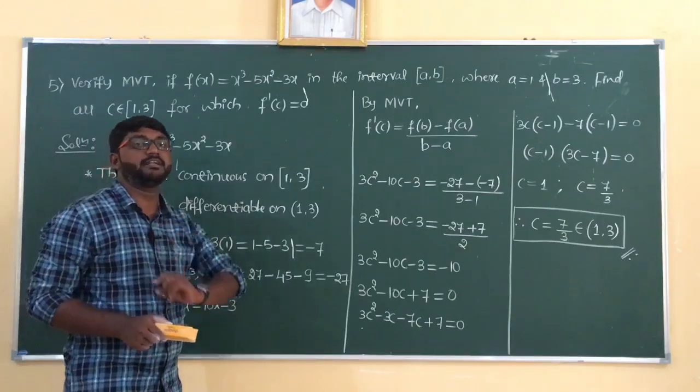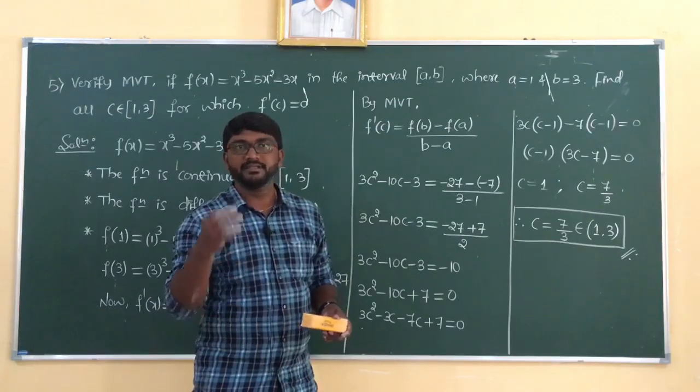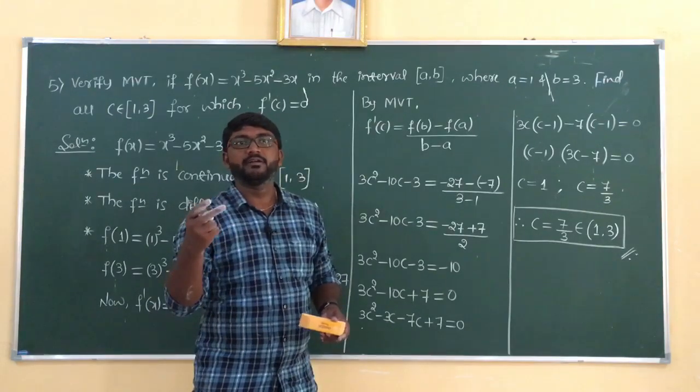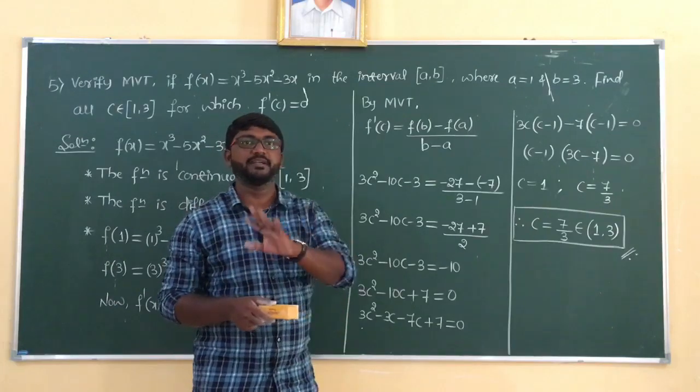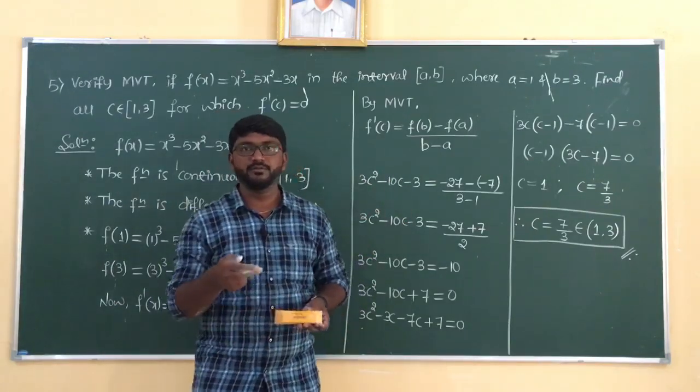We get a quadratic equation, then solve it by the formula method. At the end, you will have two values of c, that is plus or minus. That will be all about the fifth question. So pause the video to note it down.